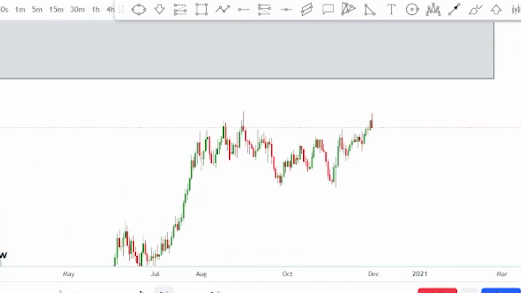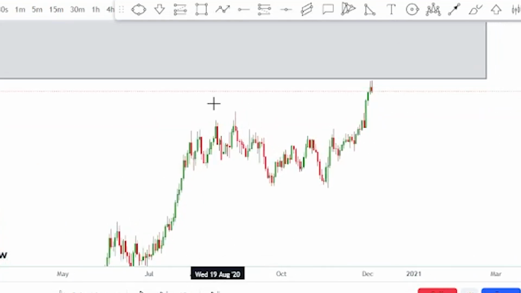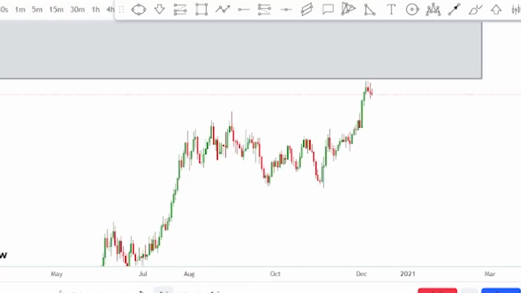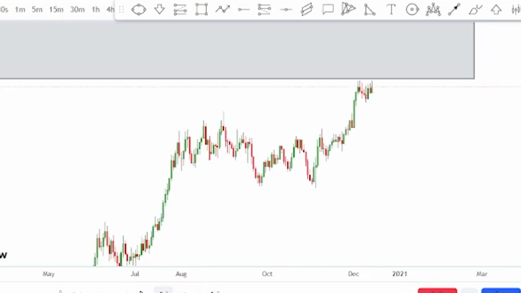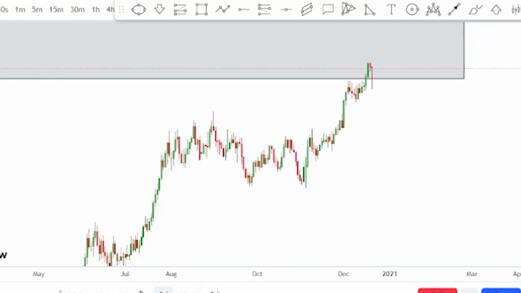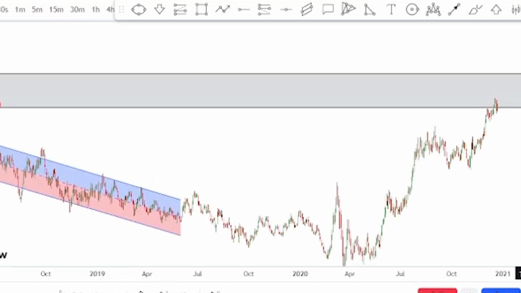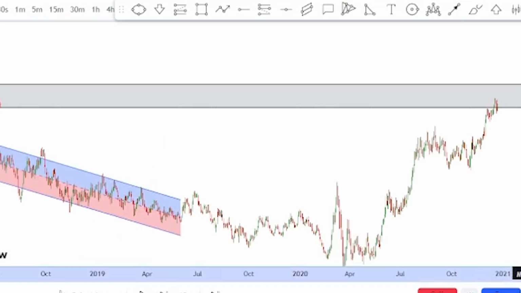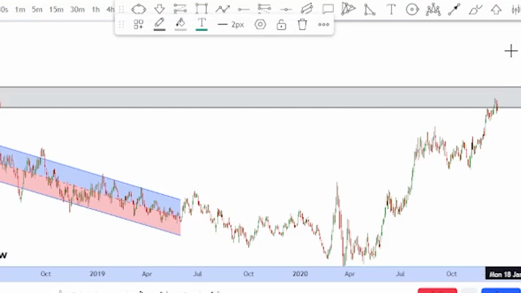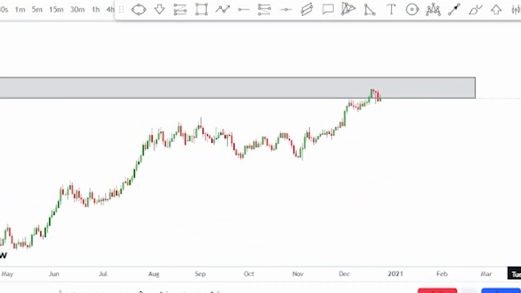The market keeps moving up by breaking the previous range, which means we are approaching our supply zone. Let's see what the market is going to give us as we are still moving up. When we approach this area, this is where the sellers are ready to take the market down.